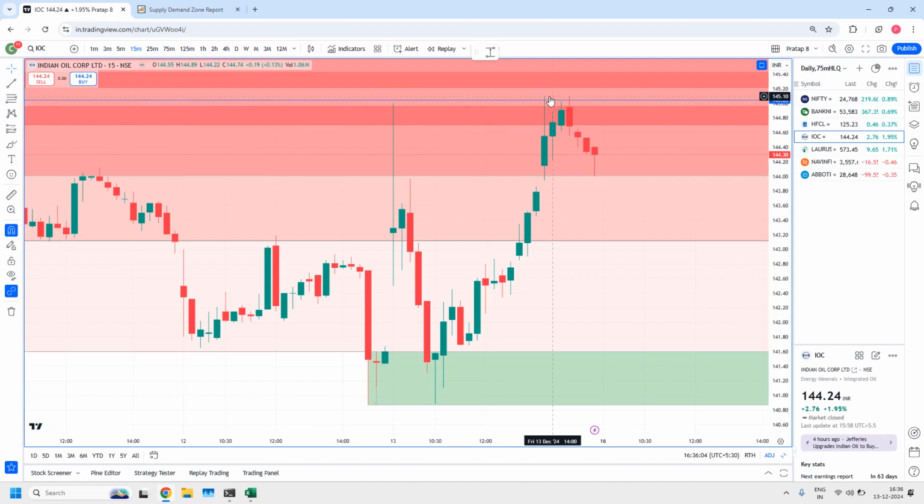The same way here, but here the reason is different. We have an LTF zone a little above that. Currently that is restricting the prices from moving further. Even see before closing the market, again how it gave a small push. Because this is almost the last hour, or last 45 minutes, of the trading session.